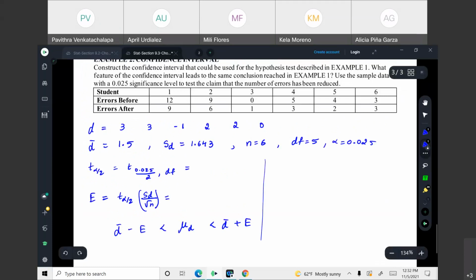You can do this, or in your calculator you can go to stat, test, and t interval.